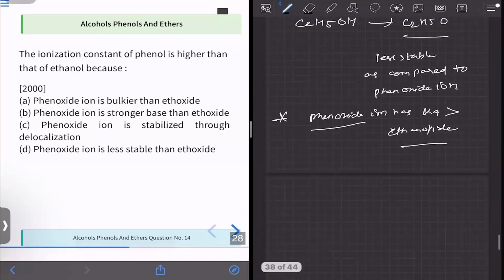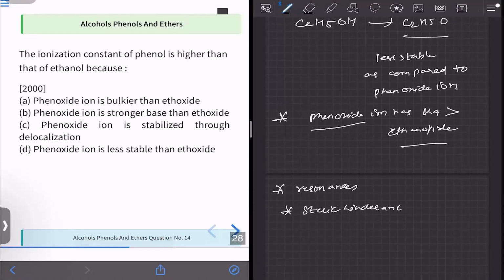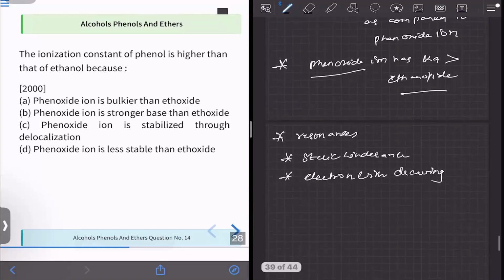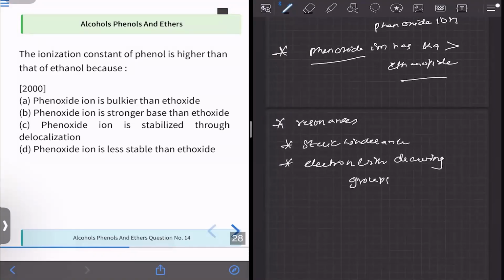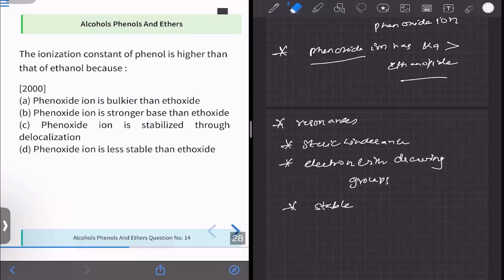So option A is phenoxide is bulkier than ethoxide. Stability is decided by resonance, steric hindrance and electron withdrawing groups, and absence of lone pairs.